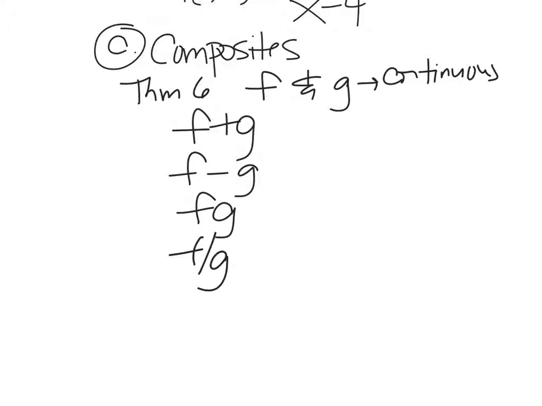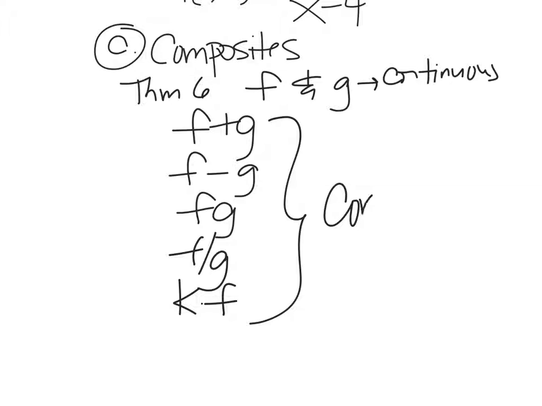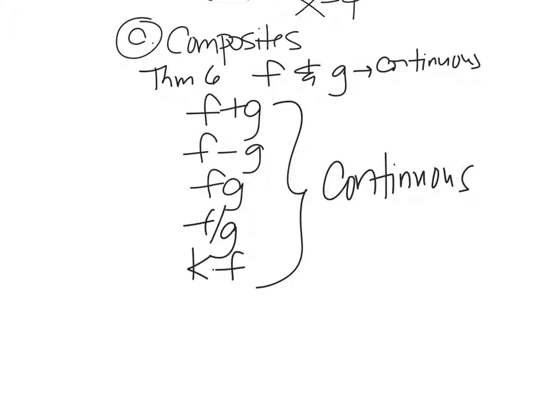And a constant times either of the functions, these are all continuous. You don't have to prove that, you just have to know it. I think I had to prove that in college. It was horrible. Really bad. So given f and g are continuous, that means that the sum, difference, quotient, product, even a constant, all of those are also continuous too.